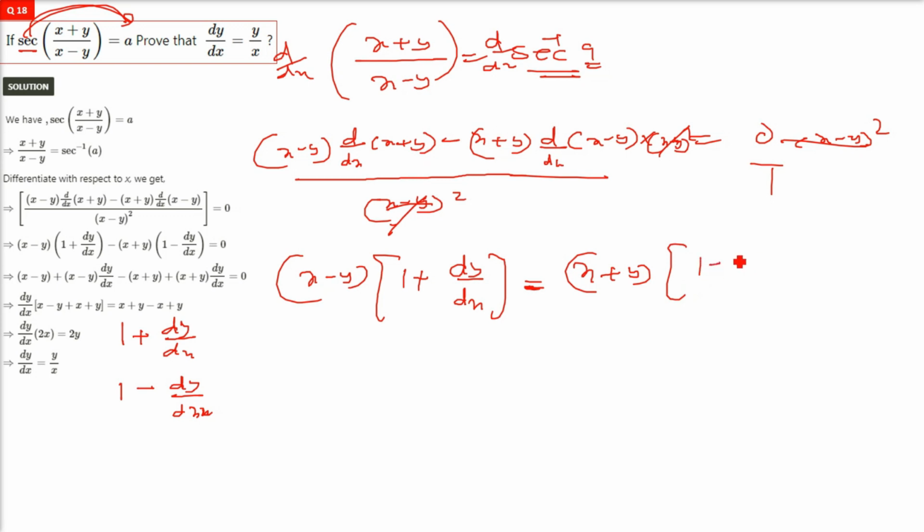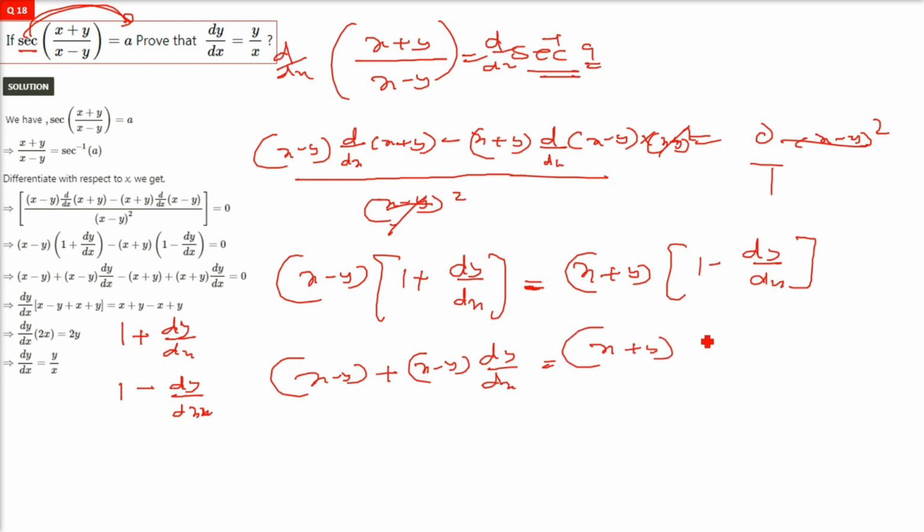It was 1 minus dy by dx. Okay. So what do we get? X minus y plus x minus y into dy by dx is equal to x plus y minus x plus y into dy by dx.